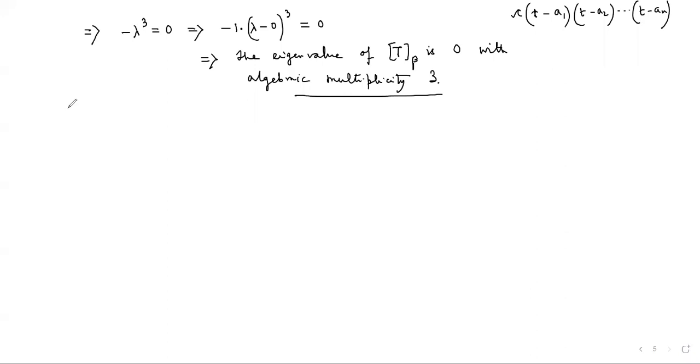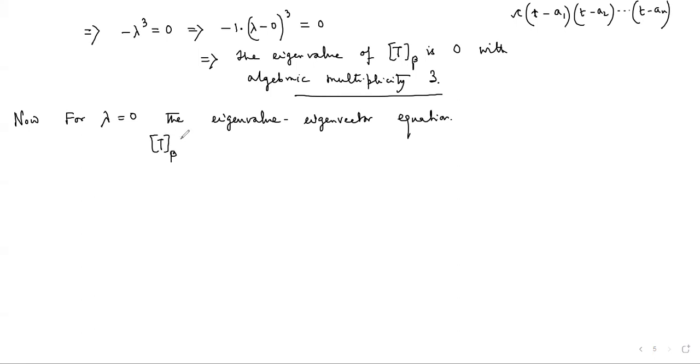Okay. Now for lambda equal to 0, the eigenvector equation, we all know it is given as T of v equal to some vector. Eigenvalue is 0 multiplied by this factor.